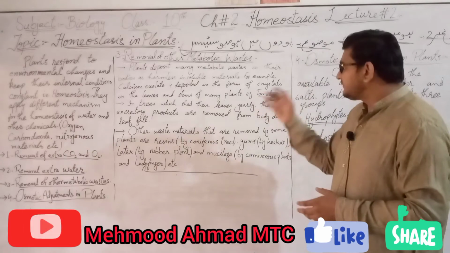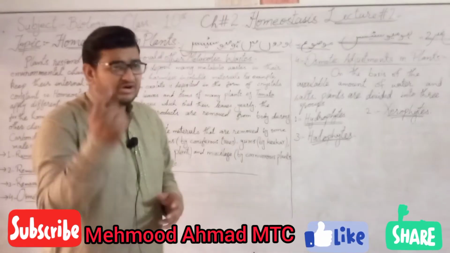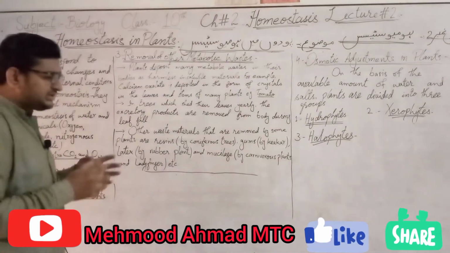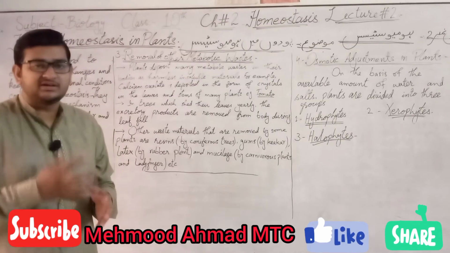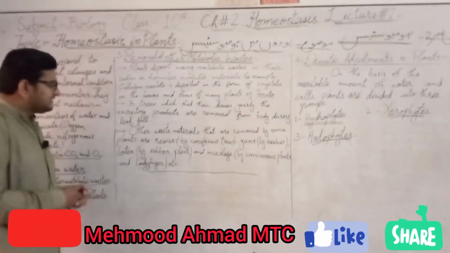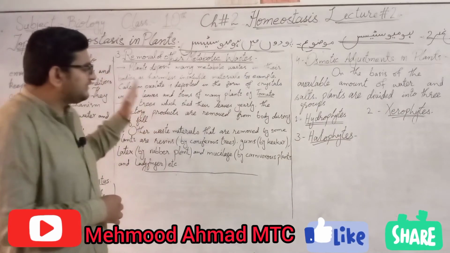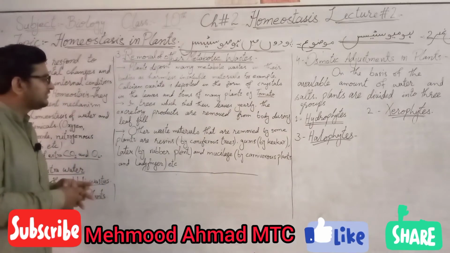So it forms crystals or needle-like structures. So these also need to be excreted. So plants use the method of leaf falling to excrete them out.